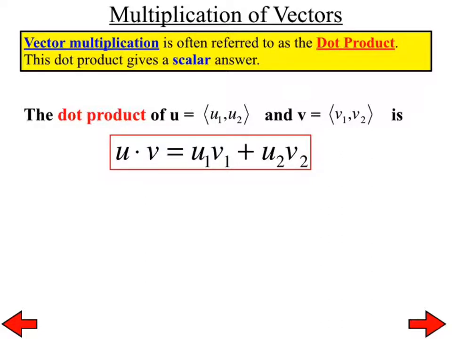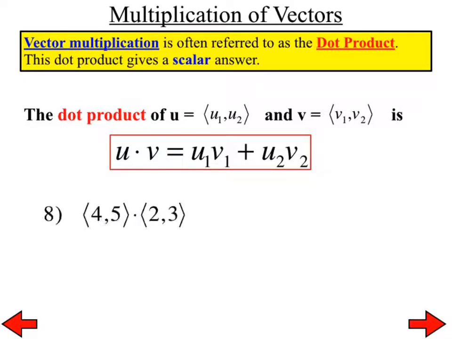The dot product of u and v is equal to u sub 1 times v sub 1, where u sub 1 and v sub 1 are right next to each other with no mathematical symbols in between. That just means multiplication, just like AB refers to A times B. So we have u sub 1 times v sub 1 plus u sub 2 times v sub 2.